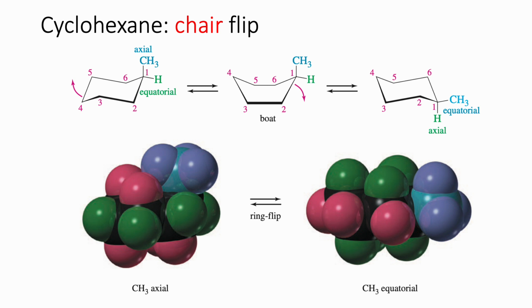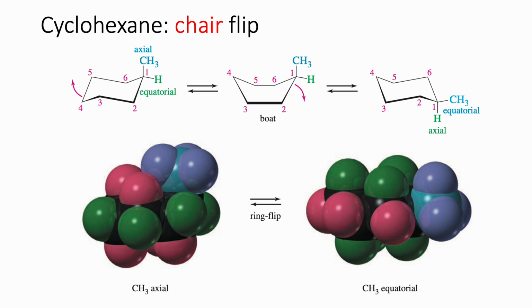So I would definitely recommend practicing your drawing and practicing with the method that was introduced in the video. So notice again how if we think about the chair as a lawn chair, then we can see here in the image on the left, carbon 1 is the headrest and carbon 4 is the footrest.